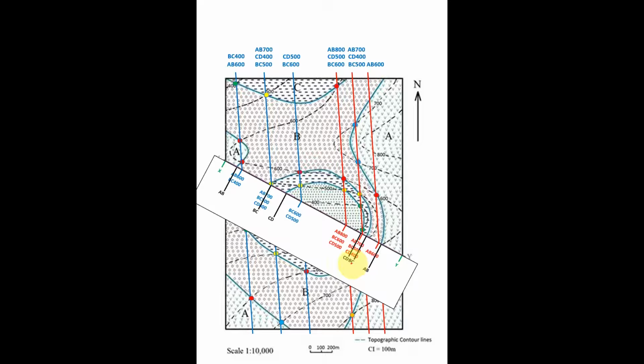Then we mark the contour lines. So we have 400 here. This 500, if you see, is actually coinciding with this point. So as it is, we'll be drawing BC 500, which would be the same as that contour 500. And which other contour is there?